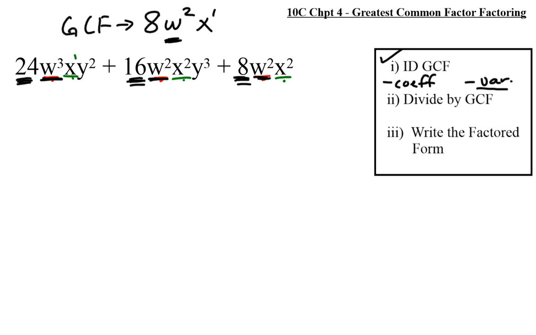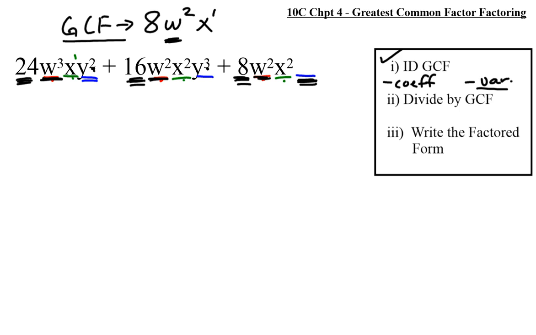And then when it comes to the y's, we have a y squared, we have a y cubed, and we don't have a y. Now some kids start to look and say, oh, I'm just going to look for the smallest exponent, y2, y3, 2's the smallest, that's what's part of our GCF, but it isn't, because there is no y.